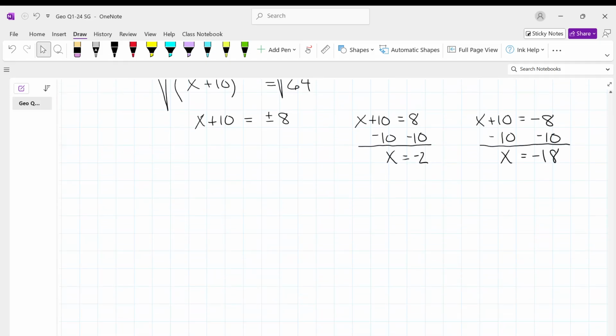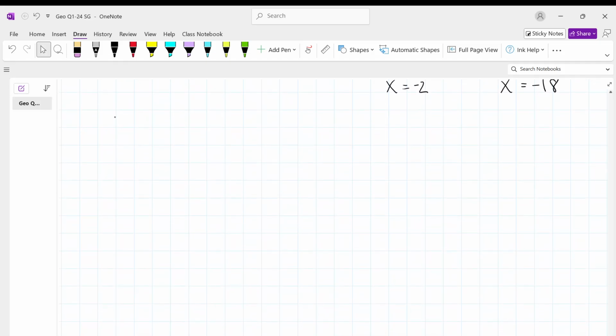And number 8. X squared minus 14x plus 49 is equal to 4. All right, another perfect square trinomial.